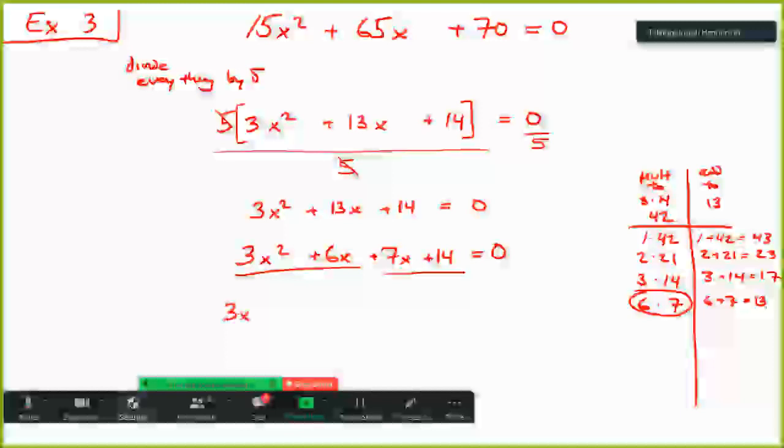So we divide out 3x and we're left with x plus 2. The right two numbers, I can't take out x, but they're both divisible by 7. So we're going to divide out 7 and we're left with x plus 2.